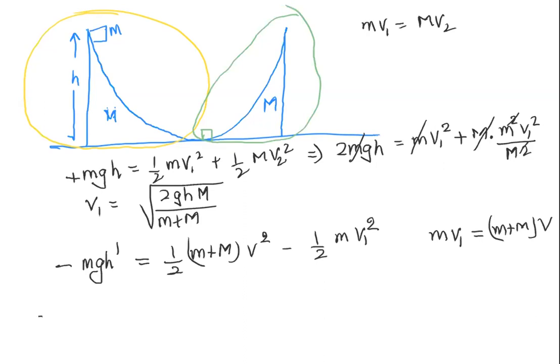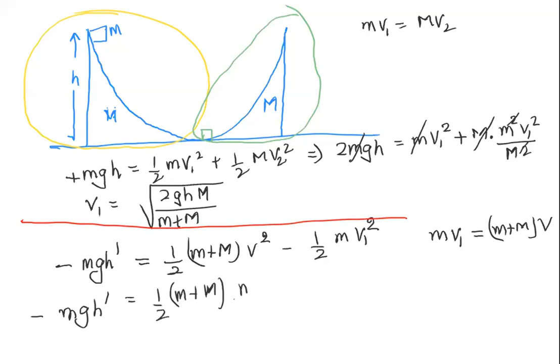So I'll get minus mgh dash, so this is for the second system, is equal to half (m plus M) into m square v1 square upon (m plus M) whole square minus half m v1 square.